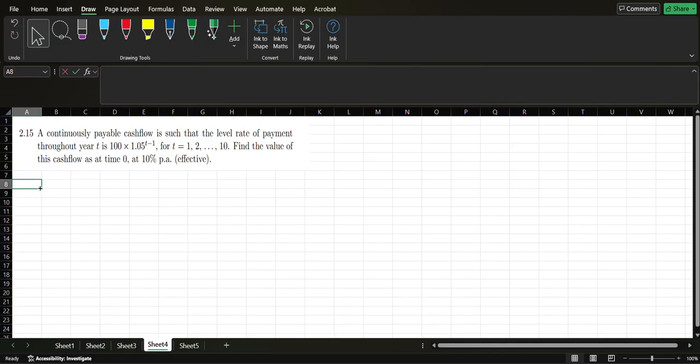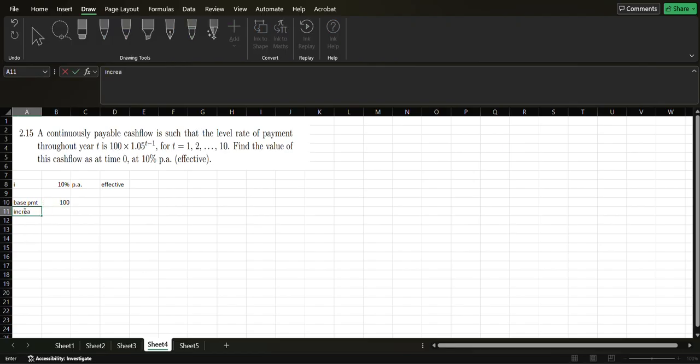So first of all, let's note our information. We have our interest rate, which is 10% per annum effective. Now, how I'm going to note down our payment is that I'm going to have our base payment be 100, because in year 1, we'll have 100 times 1.05 to the power of 1 minus 1, which is 0, which is just 100.